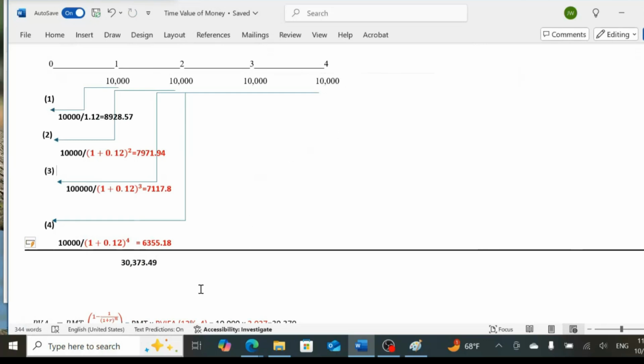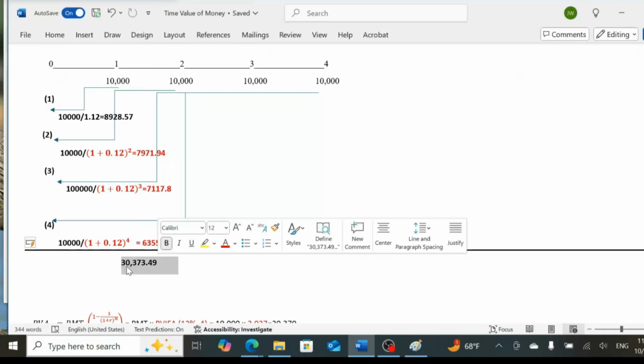If you don't believe it, you can verify that. You deposit this amount today. After a year, it grows 12%, right? Then you take 10,000 out and leave the remaining money there. It will earn 12% until it reaches year 2, then you take $10,000 out and leave the remaining there.